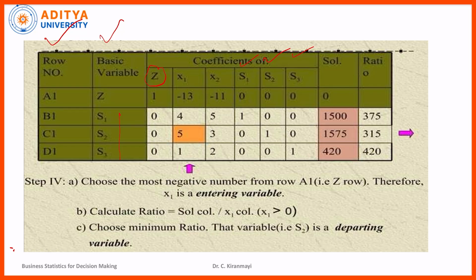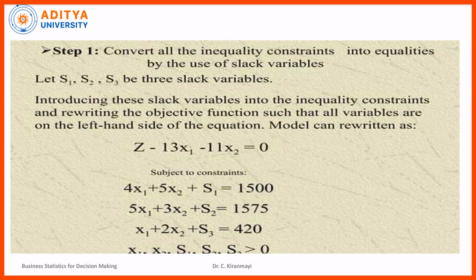The first row represents the first equation, the second row represents the second equation, and the third row represents the third equation. So, in the first equation, the coefficient of S1 is 1, X2 is 5, X1 is 4.